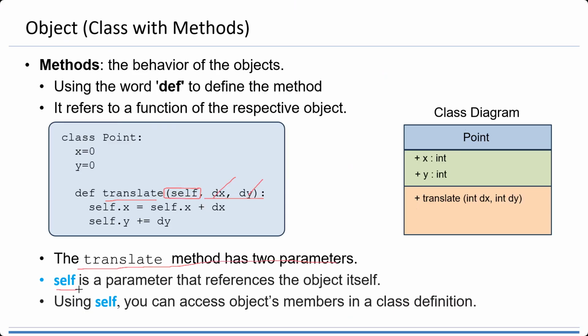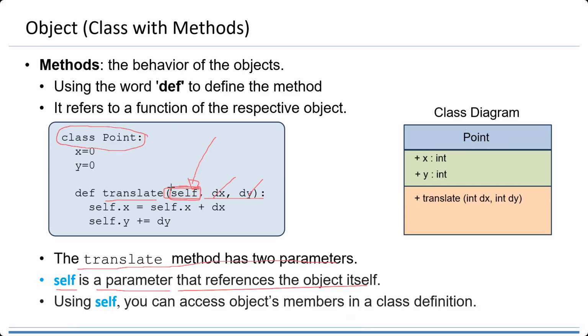Self is a parameter that references the object itself. When you use Python, you need to declare self so that Python will know this function is inside a class.